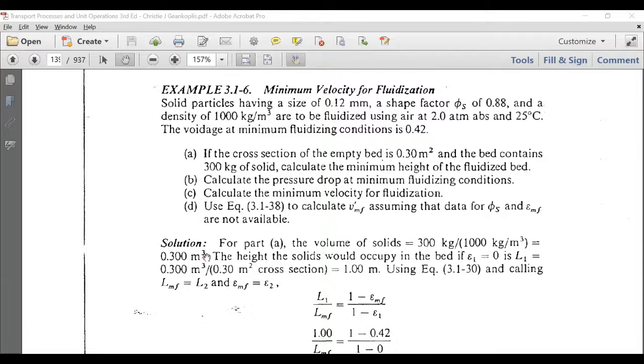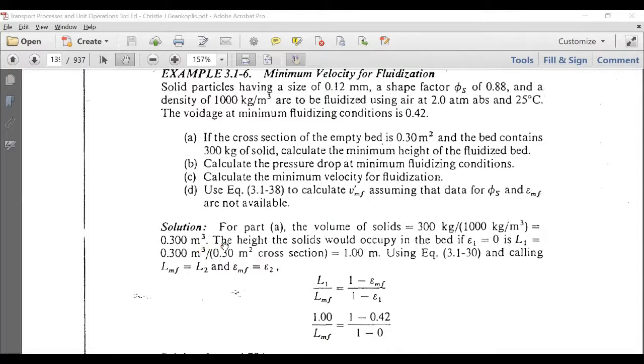And then the height that the solid would occupy in the bed, of course. Now, epsilon 1 equals 0. Why 0? Let's say we assume that there is no void at all in the bed at first.